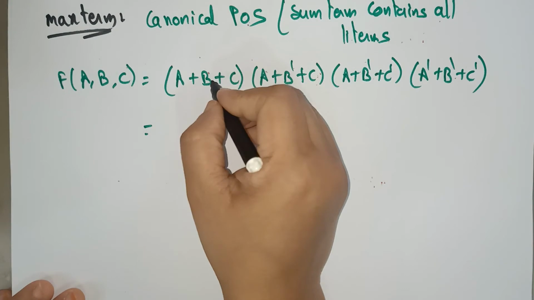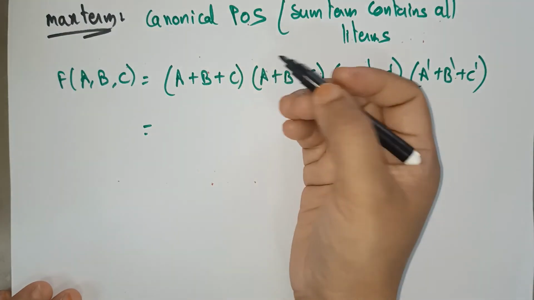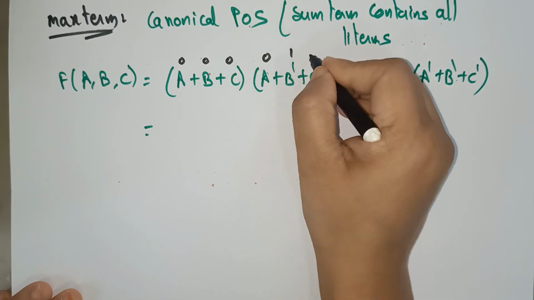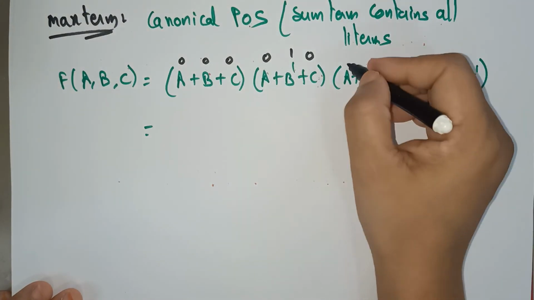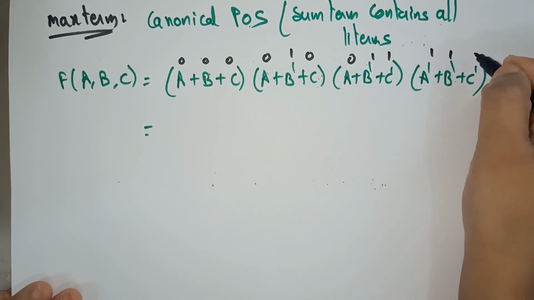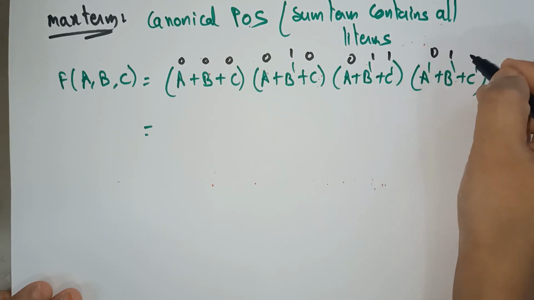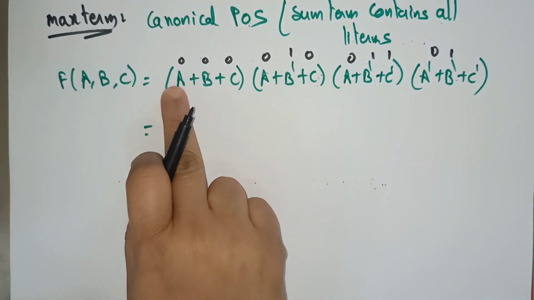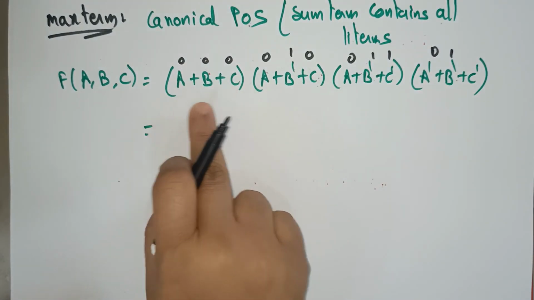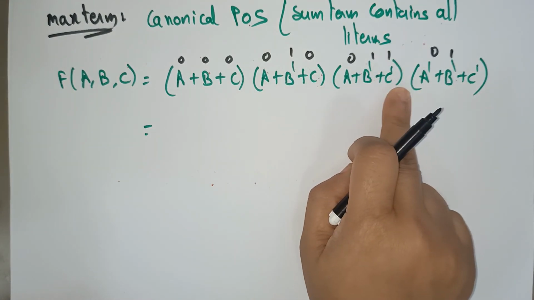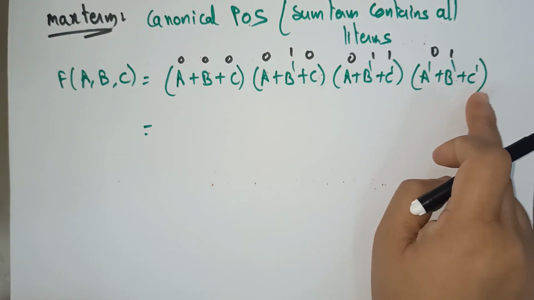Let me write. So A, B, C is nothing but 0, 0, 0, 0, 1, 0, okay, and 0, 1, 1, and 1, 1, 1. Sorry, whenever it is A plus B plus C, all zeros are there, and 0, 1, 0, and 0, 1, 1, and the last one is A dash, B dash, C dash.